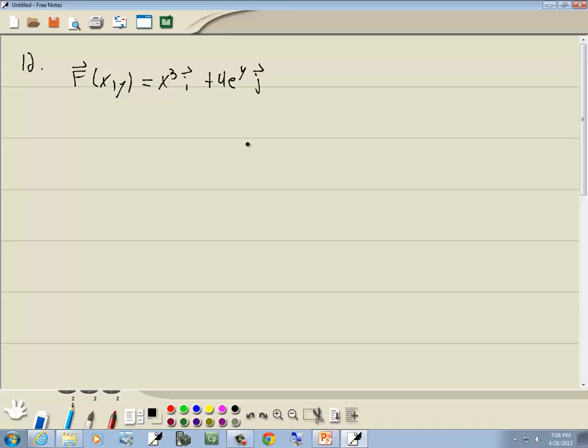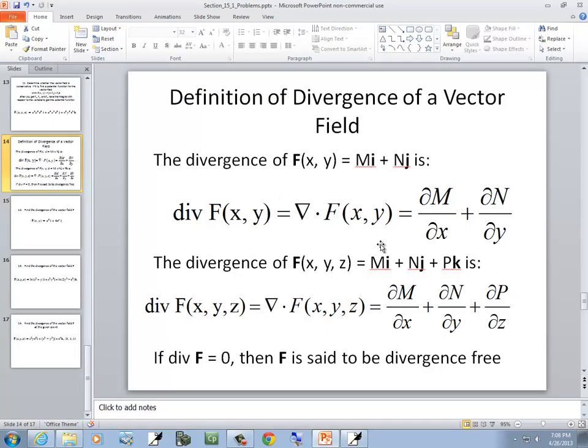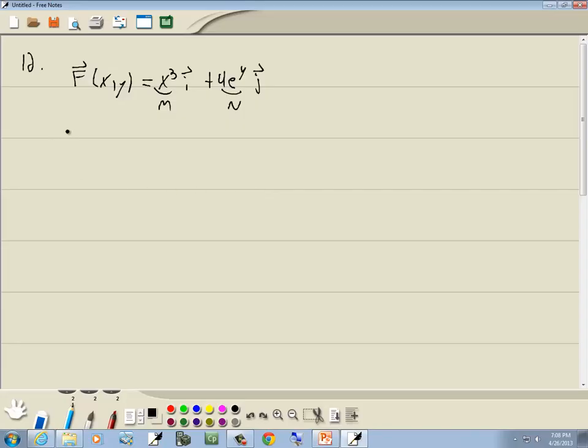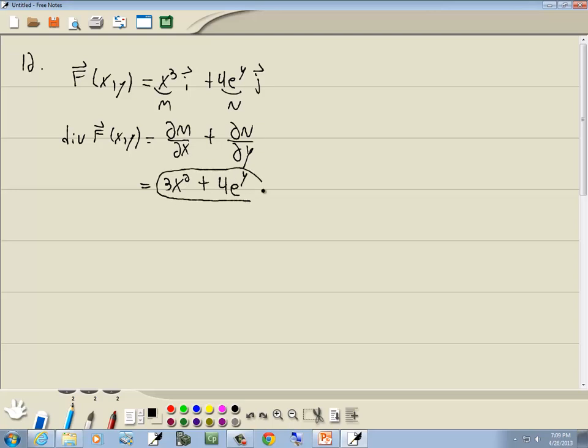Well, from our formula, remember, what's in front of our i is m, what's in front of our j is n, and we want the partial of m with respect to x, plus the partial of n with respect to y. The partial of m with respect to x gives us 3x squared, plus the partial of n with respect to y. The derivative of e to the y is e to the y, so that gives us 4e to the y. And that's our answer.